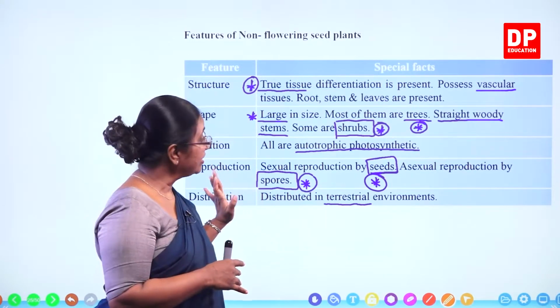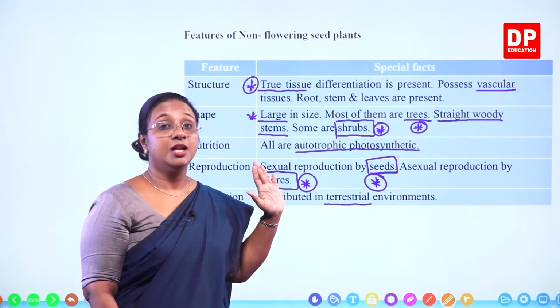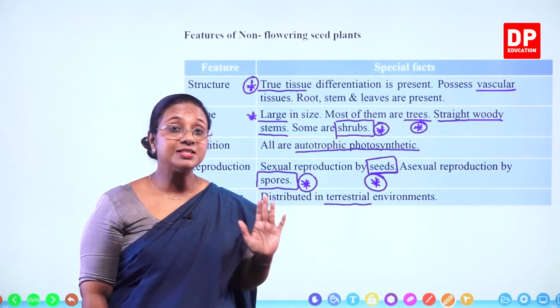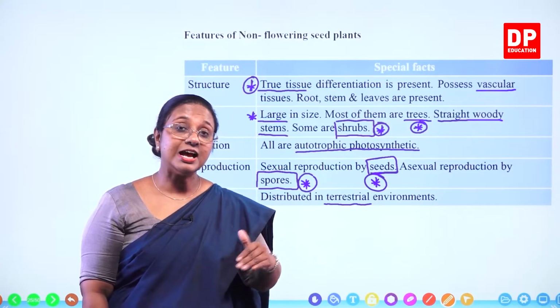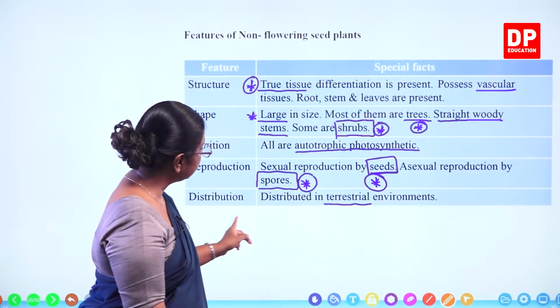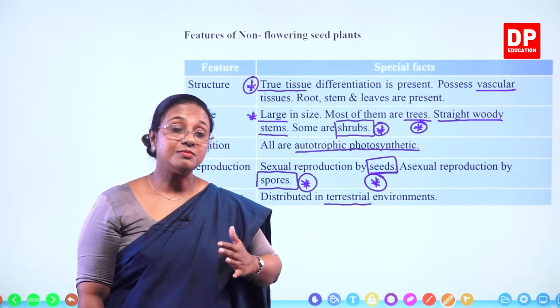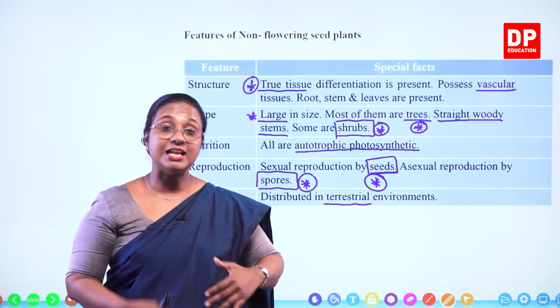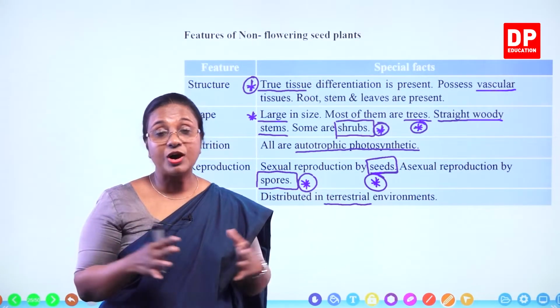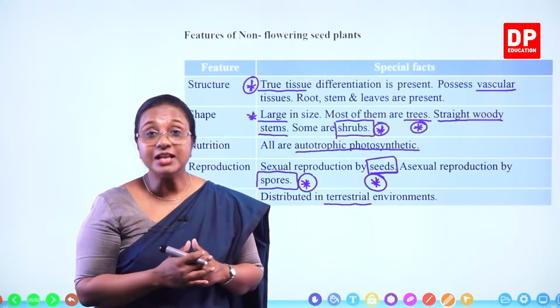But now, when we started discussing plants, the first group, non-flowering seedless plants, they live in areas where there is less sunlight, moist environment, but here they are distributed in terrestrial environment. So little by little you can understand the plants are spreading throughout the terrestrial environment, inhabiting different habitats.